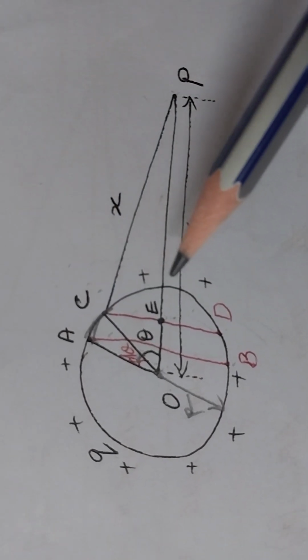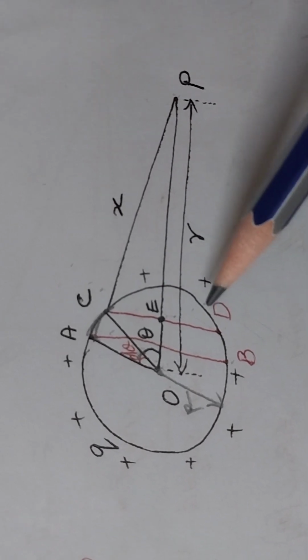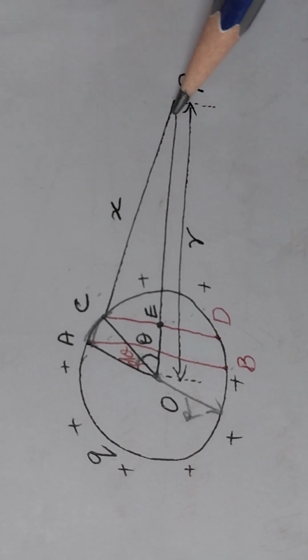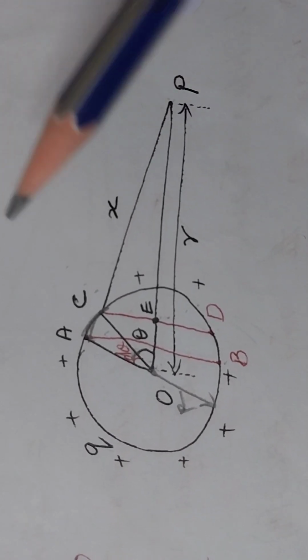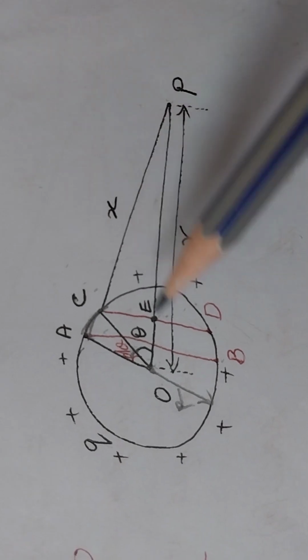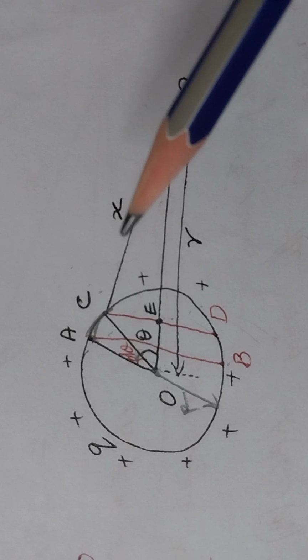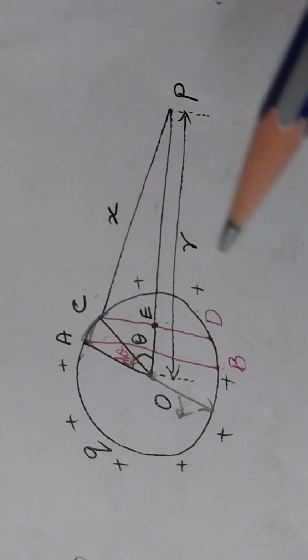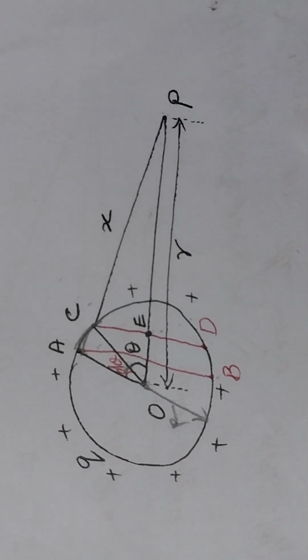Then the circumference of the ring is 2 pi R sin theta. The area of the ring is circumference into thickness, that is 2 pi R sin theta into R d theta, the thickness of the ring. So the final equation will be 2 pi R square sin theta d theta.